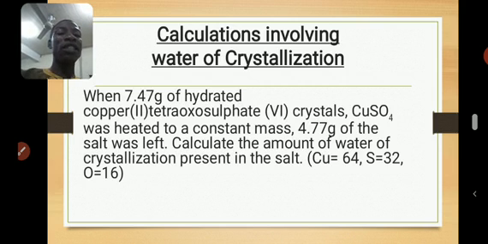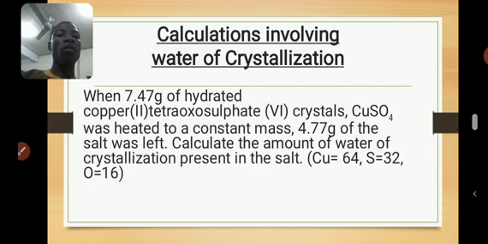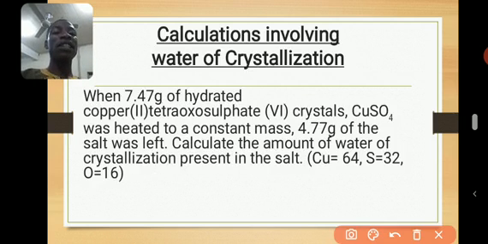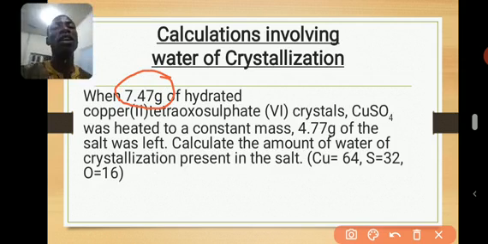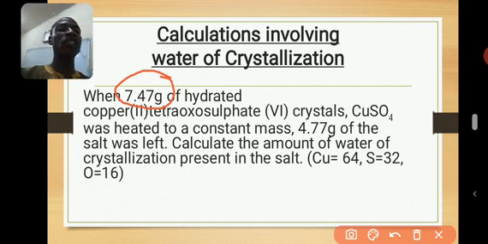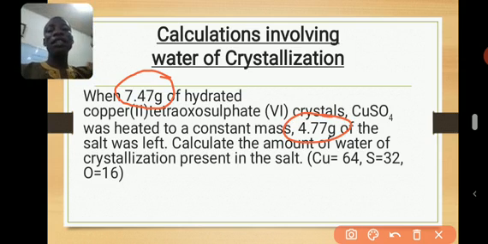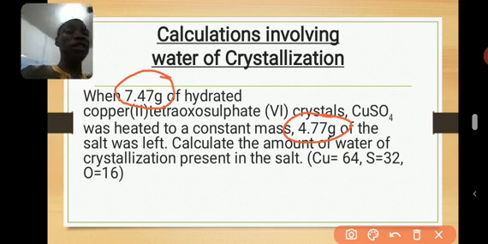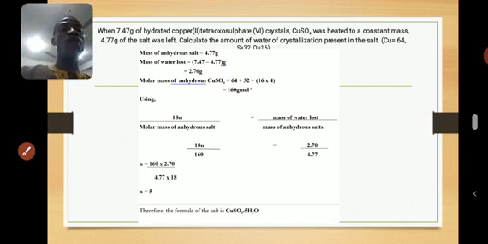When the salt was hydrated, that is when it has water molecules, the mass was 7.47. But when the salt lost its water of hydration, the mass reduced to 4.77. So what you need to get from that is the amount of water molecules that was actually driven off. It's going to be very, very important.